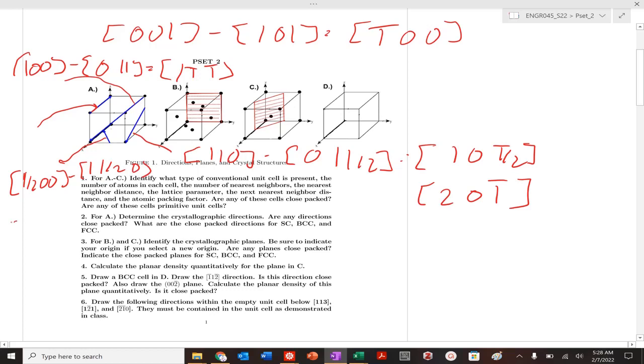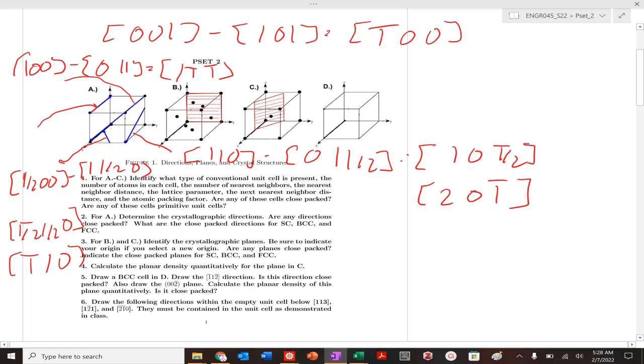So that's going to leave me with -1/2, -1/2, 0, so that's -1, -1, 0. Those are all the directions.